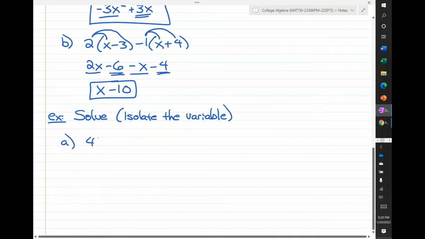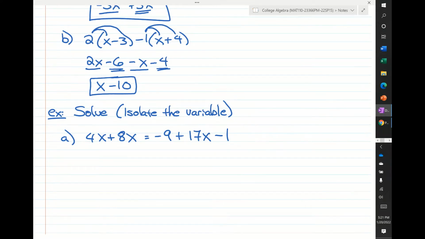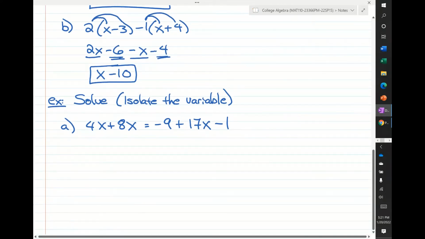First question is 4x plus 8x is equal to negative 9 plus 17x minus 1. This is an equation. There's an equal sign. What we should do first is we should simplify. Let's combine like terms.